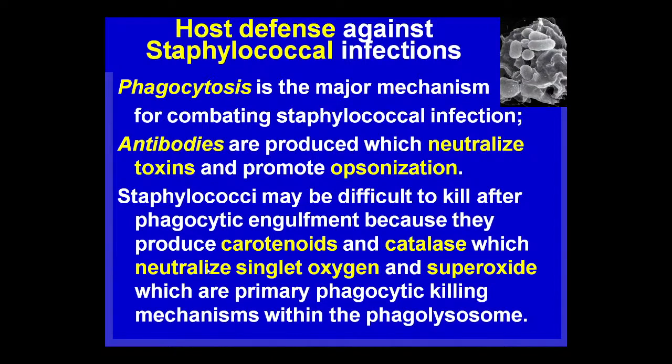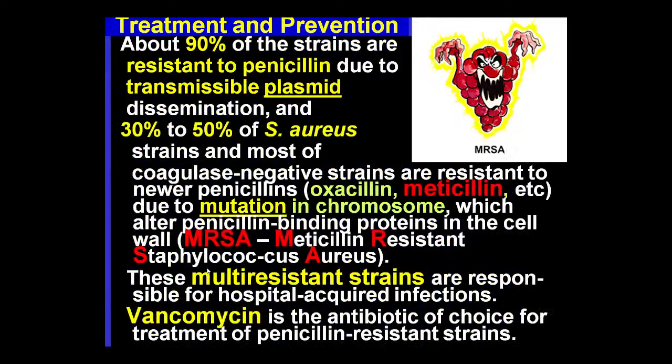But then the problem is that staphylococci may be difficult to kill because of the carotenoids that we mentioned and catalase that make the killing not so effective, so they may survive in macrophages.